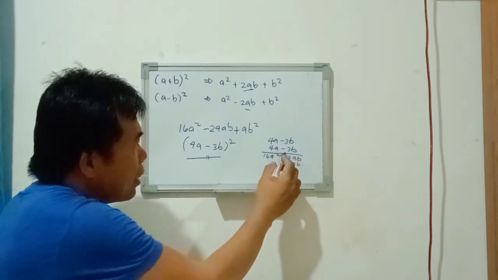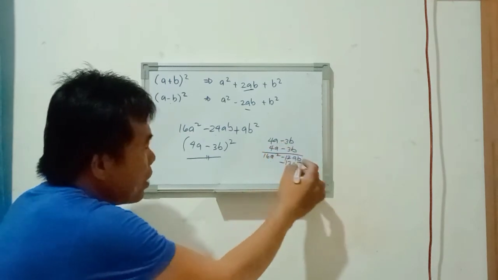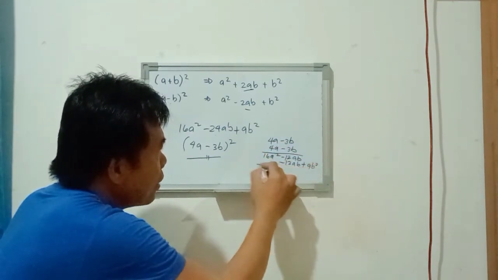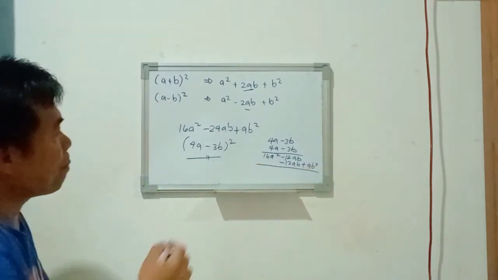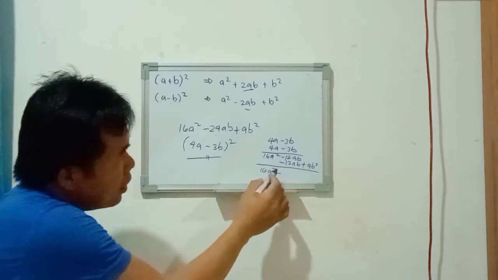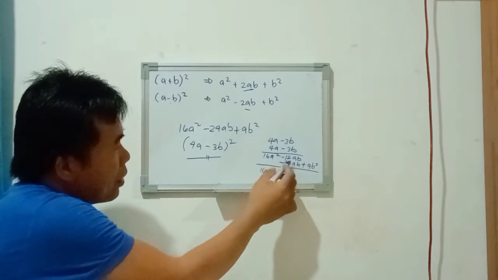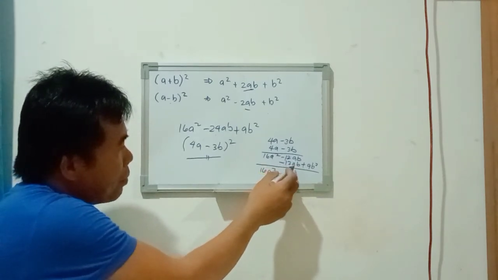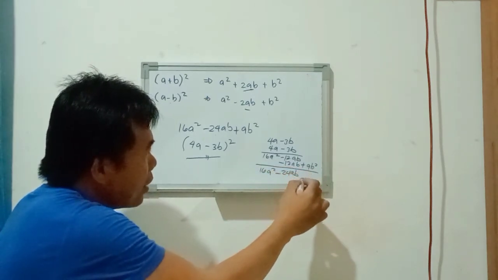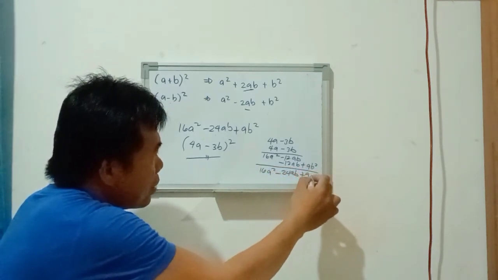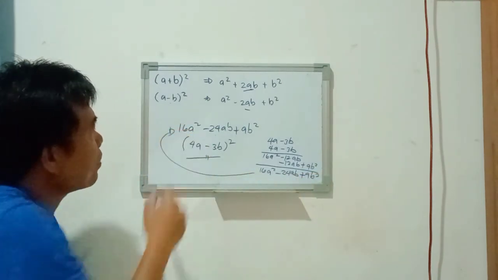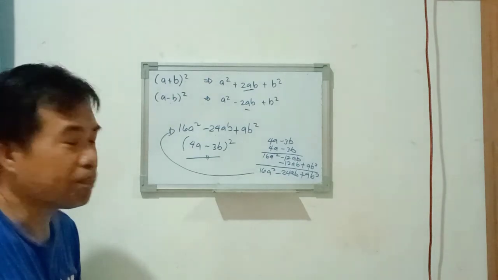And negative 3b times negative 3b is positive 9b squared. Okay, let's sum up. 16a squared, negative 12ab, negative 12ab, it's negative 24ab. Bring down positive 9b squared. So it's the same as this expression.